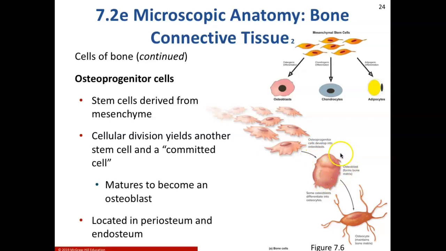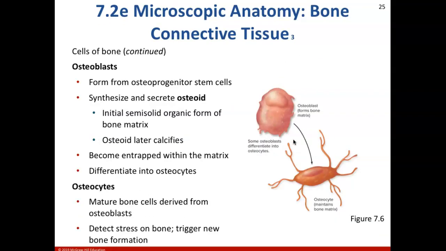And blast, you want to think building. So these cells of the bone are going to build, or form, bone matrix. Back to our osteoprogenitor cell before I get too much into the osteoblast, you're going to find these within the periosteum and the endosteum. Now I can talk about osteoblasts.